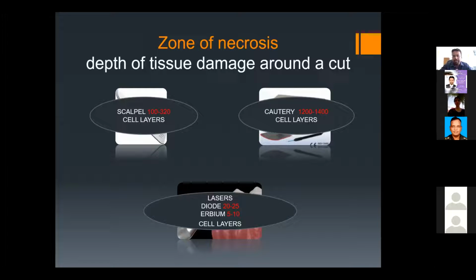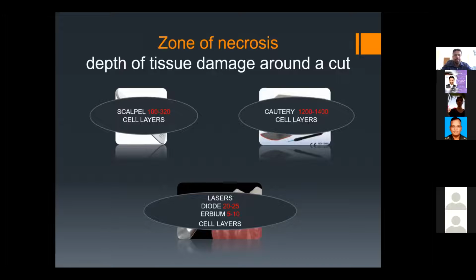For scalpel it is 100 to 320 cell layers. With electrocautery it is maximum, around 1200 to 1400 cell layers. With lasers, with diode laser 20 to 25 cells only, and with erbium lasers 5 to 10 cells only. So depth of tissue damage is less with lasers, and this is why healing is faster with the help of lasers.